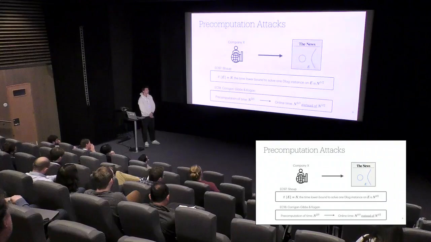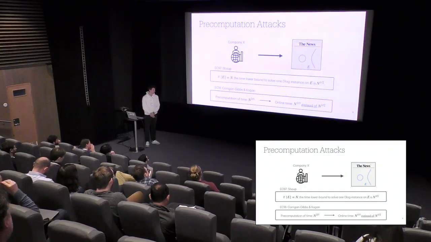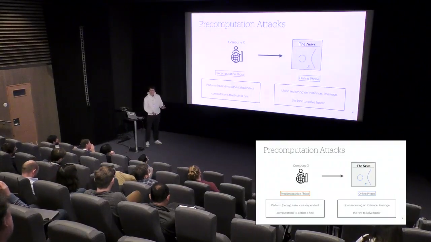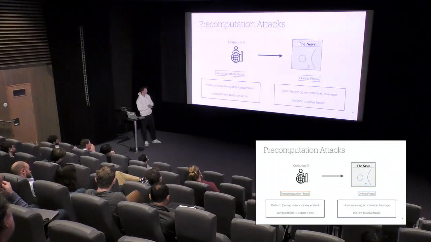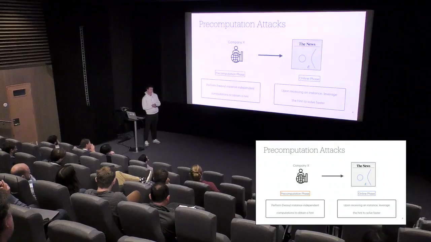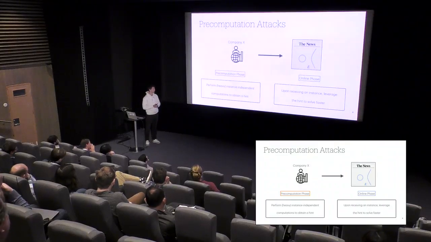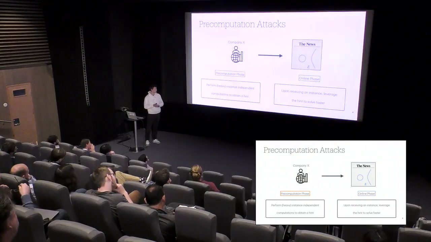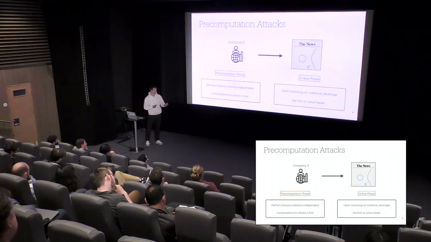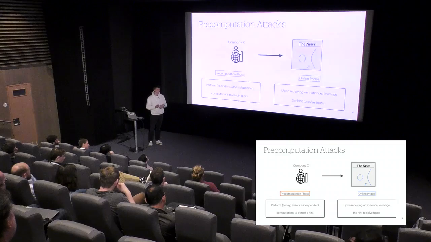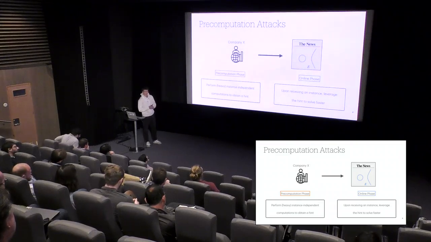how usually pre-computation attacks are structured. They are usually divided into phases, the pre-computation phase and the online phase. In the pre-computation phase, company X wants to perform a typically heavy instance-independent computation that should produce a hint. Then in the online phase, company X should leverage this hint upon receiving an instance to solve faster.